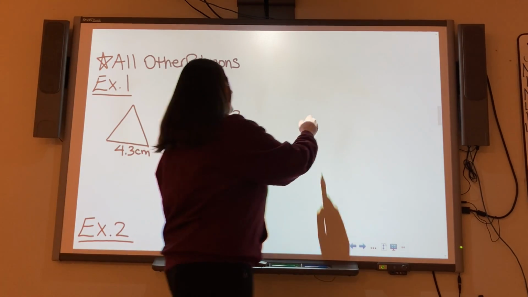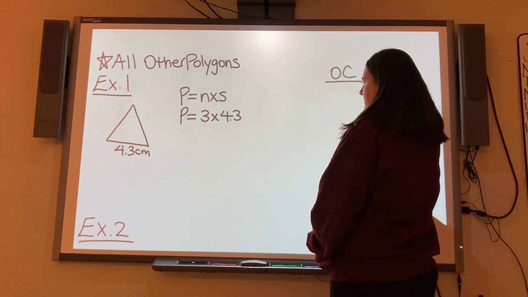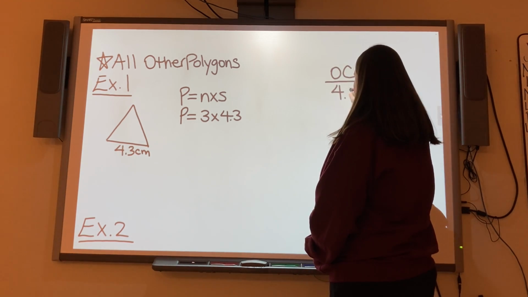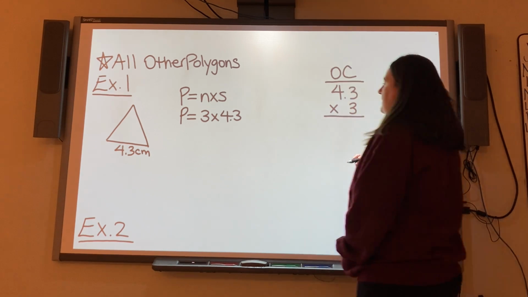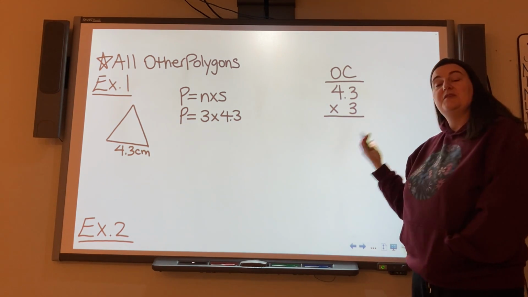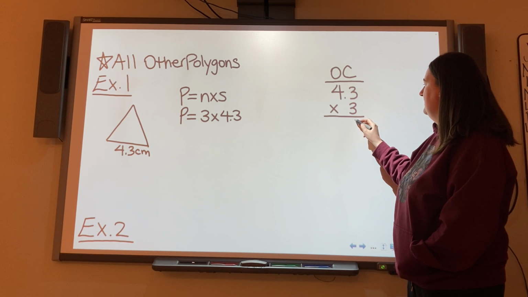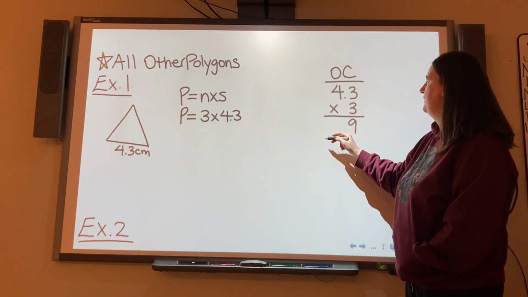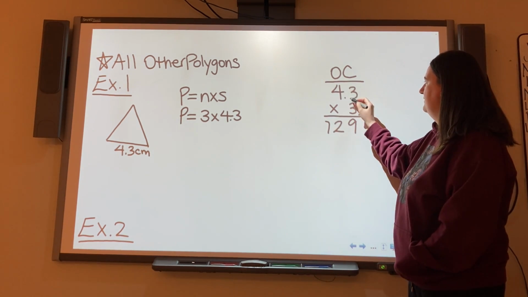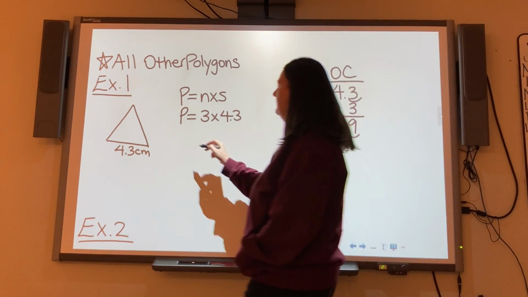I go over to my outside calculations, and 4.3 times 3. Remember, when you're multiplying, you put the one on the top that has more digits. It's easier for you. 3 times 3 is 9. 3 times 4 is 12. 1 decimal spot.